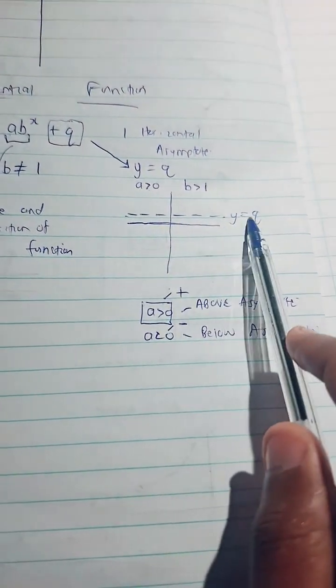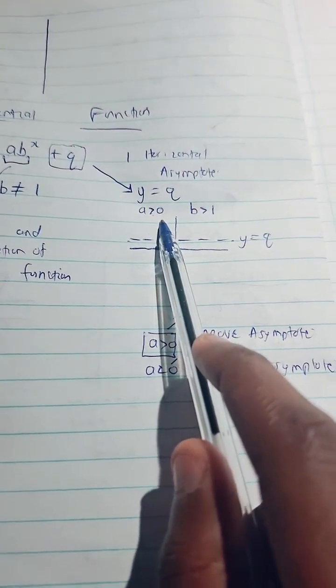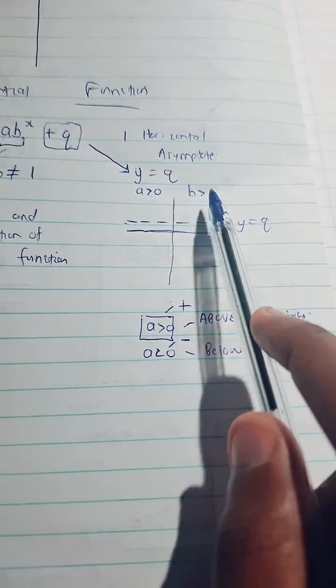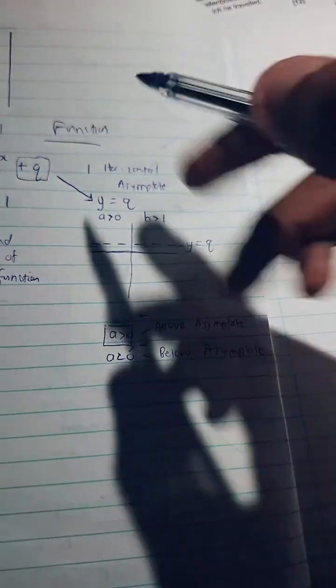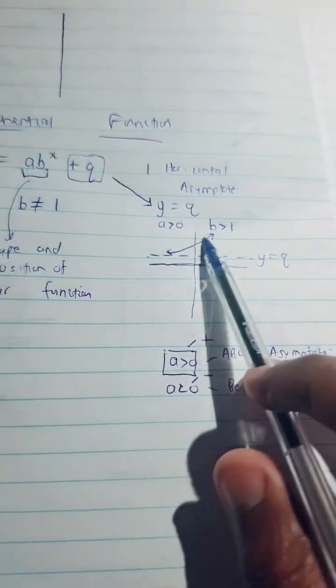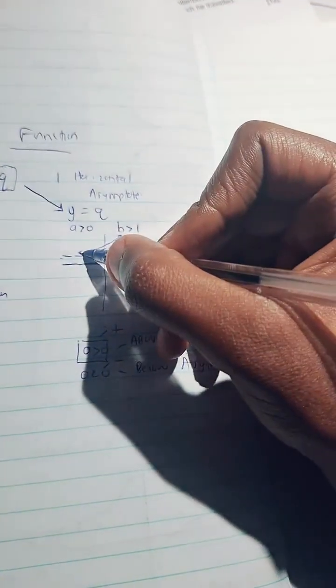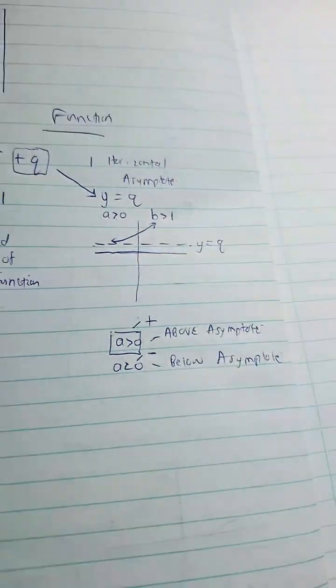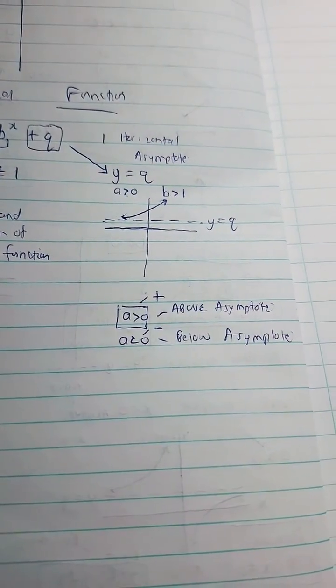If this is the asymptote, a is greater than 0, whilst at the same time b is greater than 1, you can expect this shape. The function is increasing. It is a curve that increases like that.